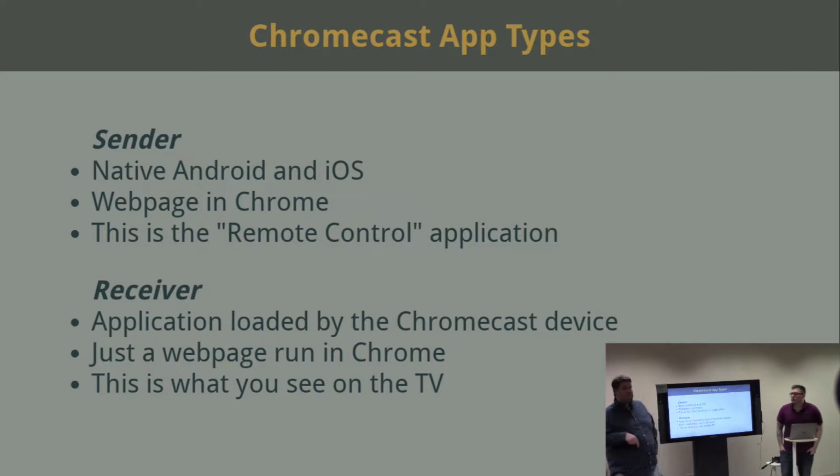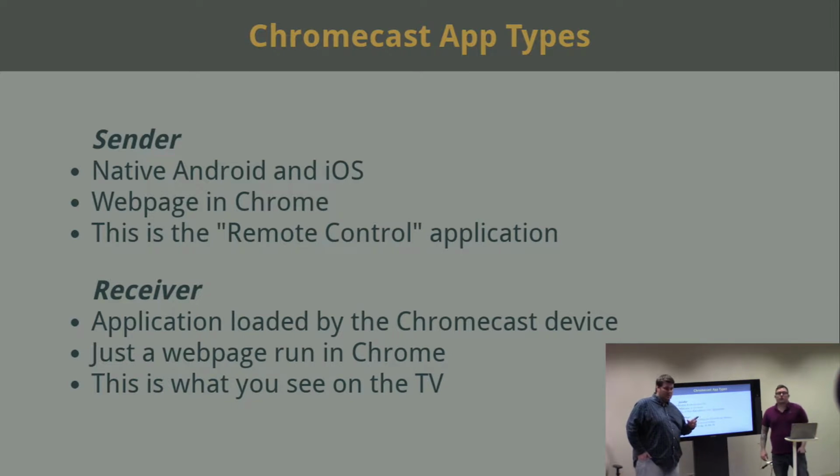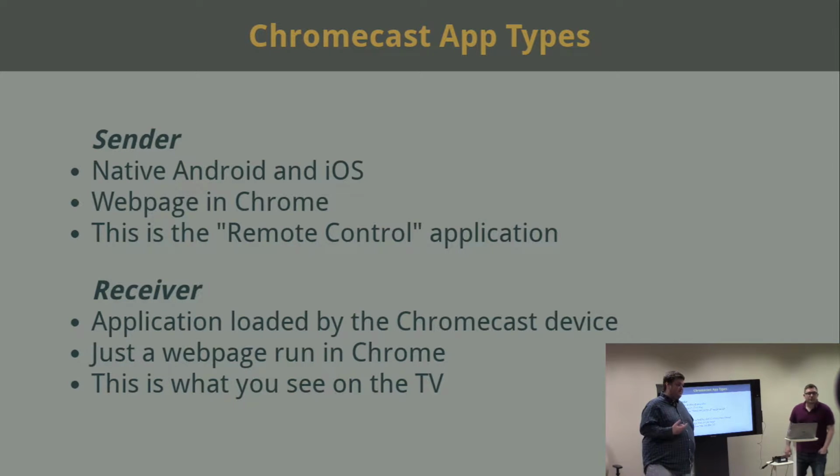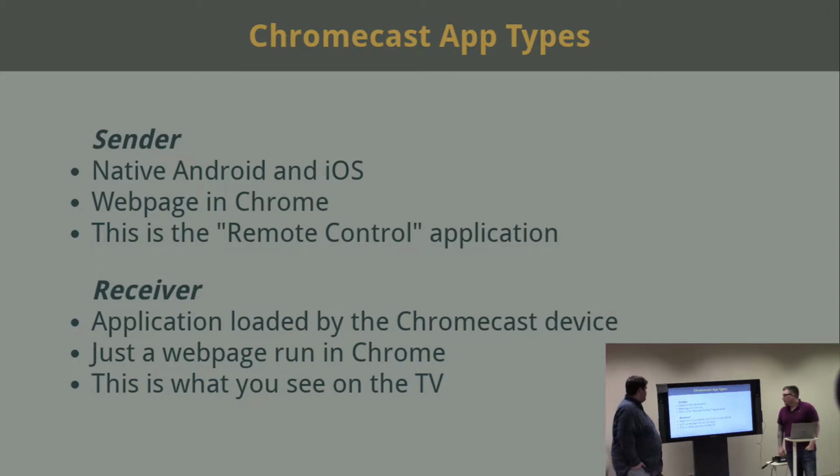That's just effectively a web page if you're running it in Chrome, which is what we're doing here. Then you have your receiver app, which is run off of the little Chromecast dongle. That is quite literally just a web page running on that little device, and this is what you see on the TV.